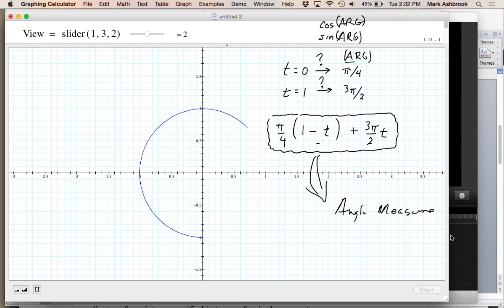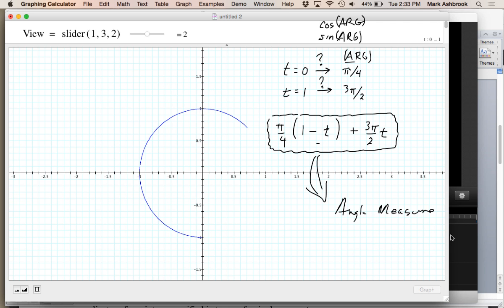If you plug in t equals 0, you're going to get 2 times pi over 4. It doesn't work. So it only works for going from 0 to 1.